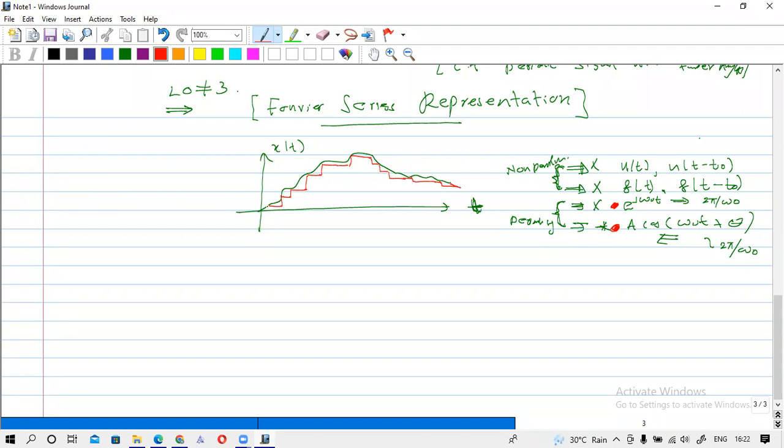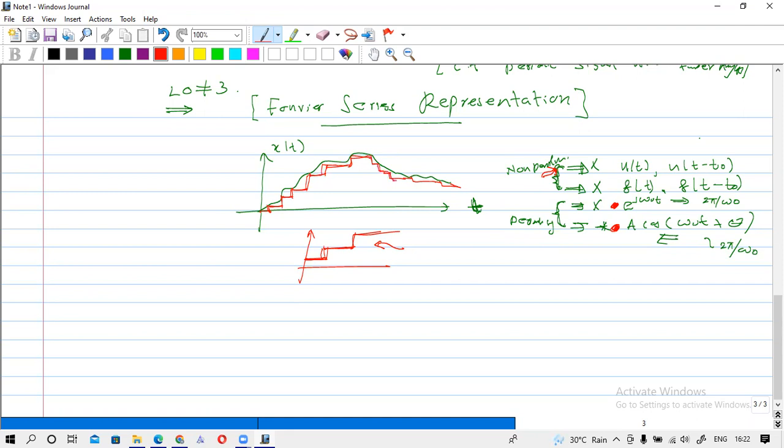Now this is a step signal. So if you have a step signal like this, it can be represented using the unit step function. Using this basic function, you can represent this step function, and any function we can approximate to a step function like this.